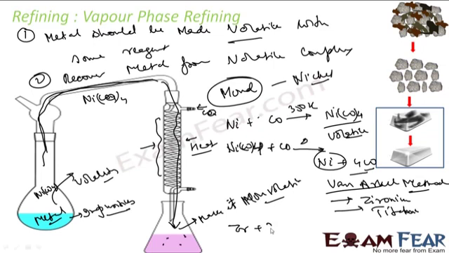Here, zirconium for example, I'll react with iodine, I'll get ZrI4, and this is a volatile thing. Now once I have this volatile thing, I'll heat it, I'll get zirconium back and iodine back. The concept is all the same, the reagents used are different.